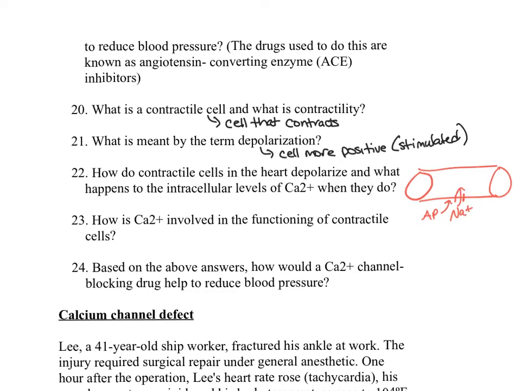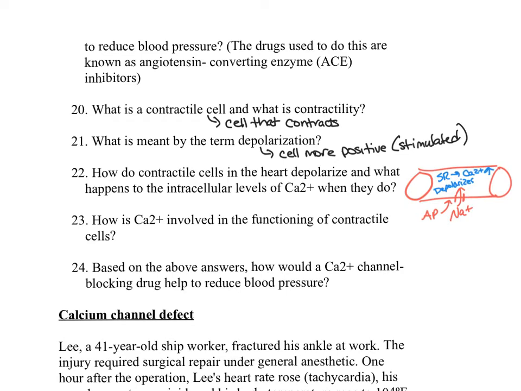This depolarizes that contractile cell and causes the sarcoplasmic reticulum to release calcium into the intracellular fluid. Therefore, when the contractile cells in the heart depolarize, the intracellular levels of calcium increase.